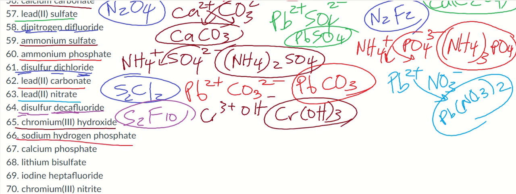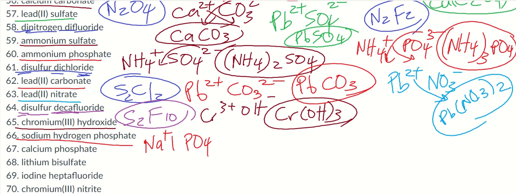Let's keep going. Sodium hydrogen phosphate or sodium biphosphate. Okay. Sodium is Na, 1 positive charge. Now phosphate, okay, is PO4 with a 3 negative charge, but that proton, the hydrogen, is going to increase that charge by 1.